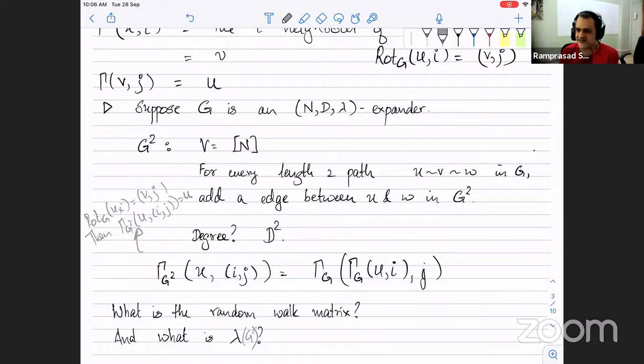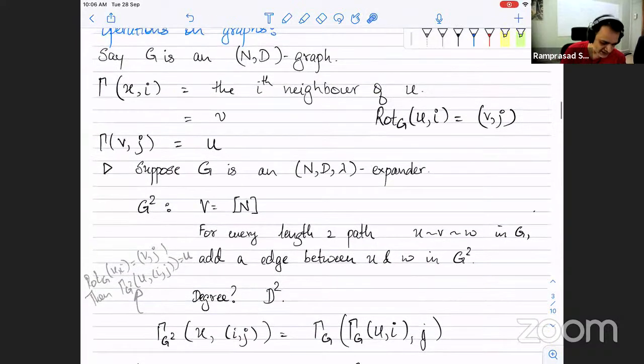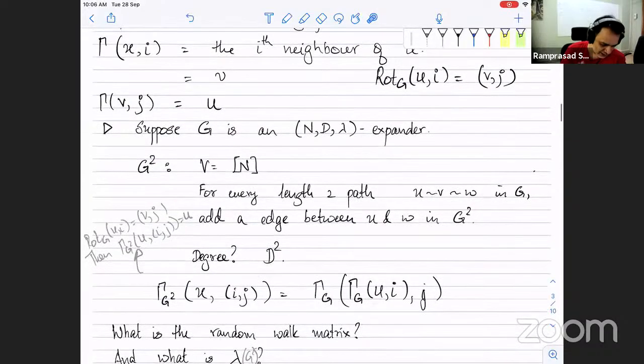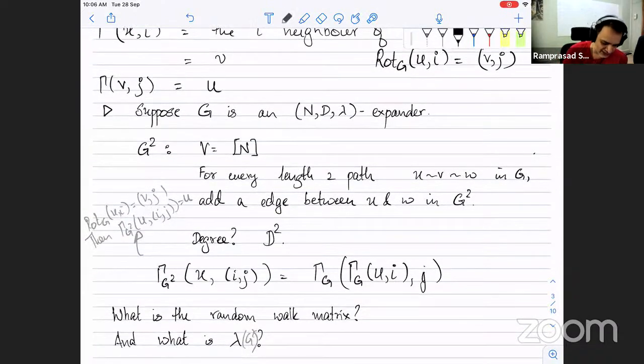If I wanted to take one random step in G squared, what is its relation to my original random walk in my graph G? Since you didn't object to my calling this G squared, that's already giving you a hint of what this should be.